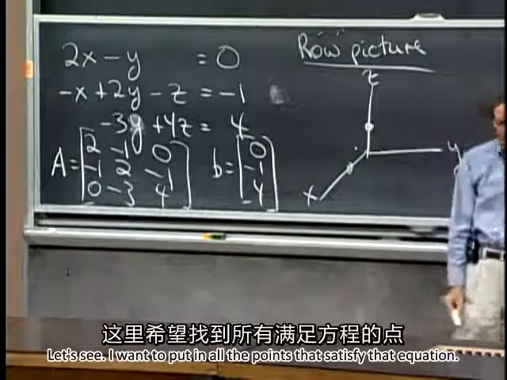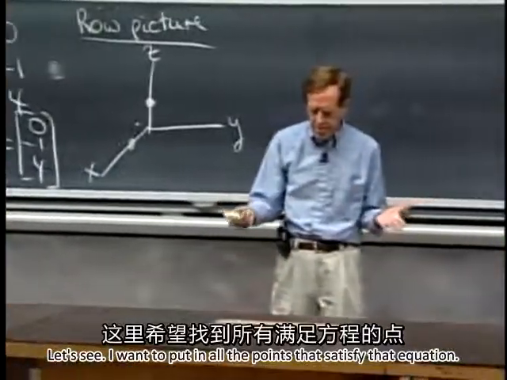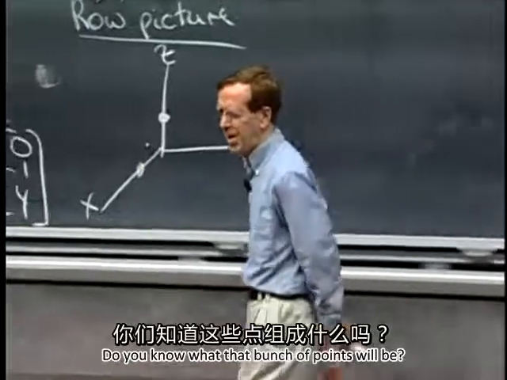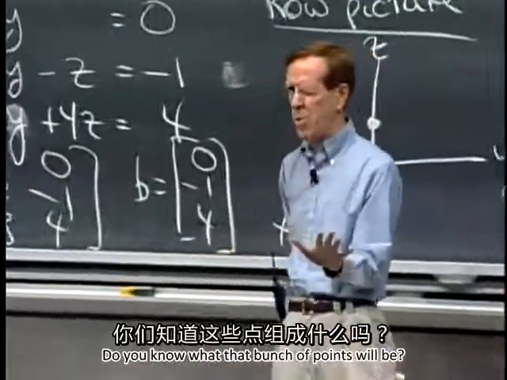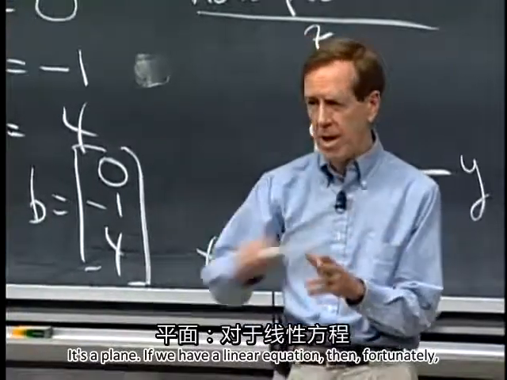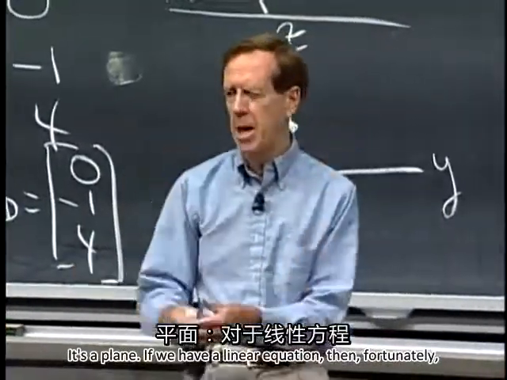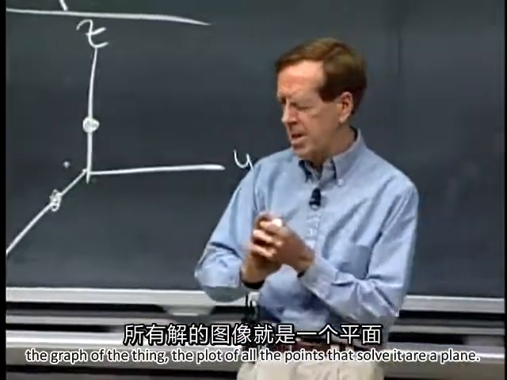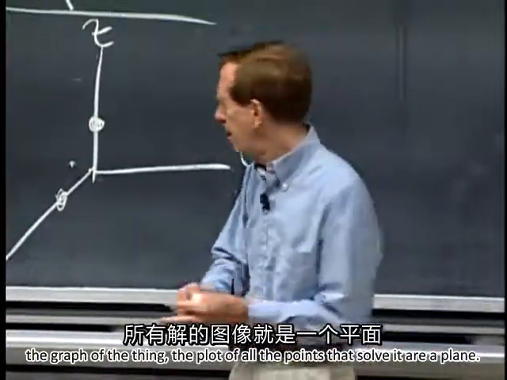Let's see. I want to put in all the points that satisfy that equation. Do you know what that bunch of points will be? It's a plane. If we have a linear equation, then fortunately, the graph of the thing, the plot of all the points that solve it, is a plane.